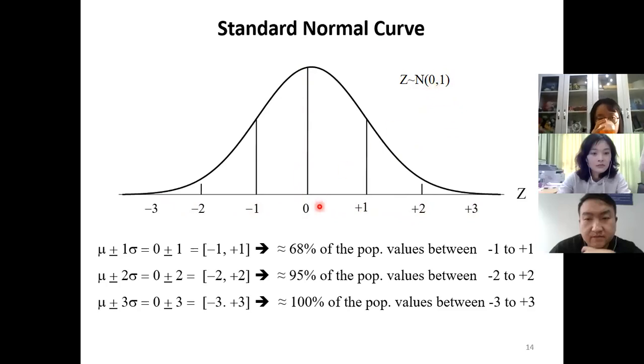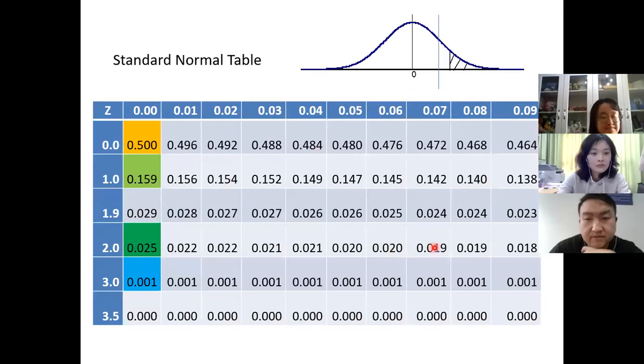Most of the calculations we do later will be based on the standard normal curve. How do we obtain values from this table? Most statistical books will have this table, but nowadays we can use software like Excel to compute this.